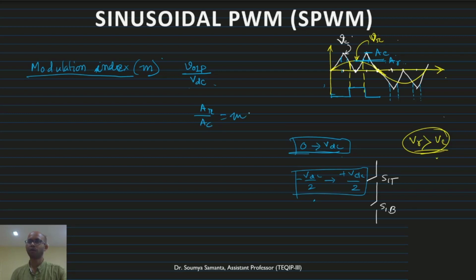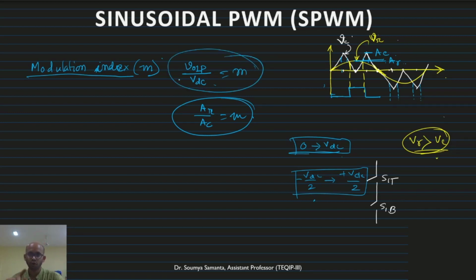This is also defined as the modulation index, and it is very important. By controlling this modulation index, we can control the width of the pulse, and along with that the magnitude and the harmonics of the output waveform. So this is the sinusoidal PWM.